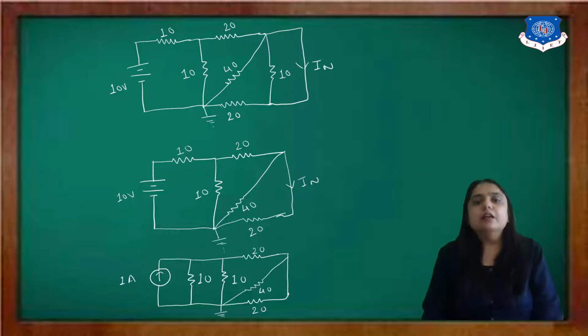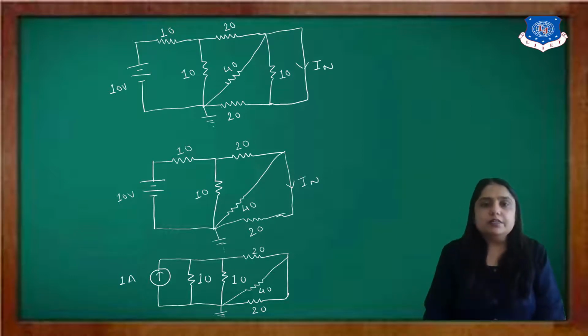Alright. Now, next what can I do? See, this 10 ohm and 10 ohm are connected in parallel. So when we solve this, it is 10 multiplied by 10 upon 10 plus 10. So 100 divided by 20, that equals 5.